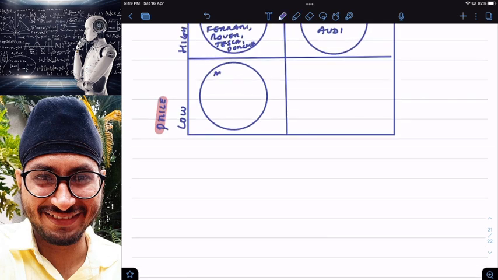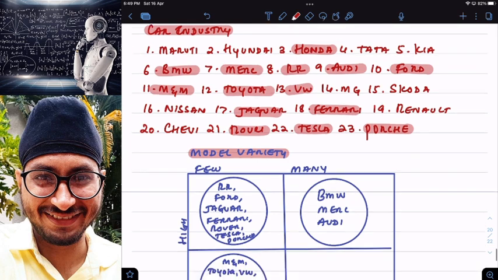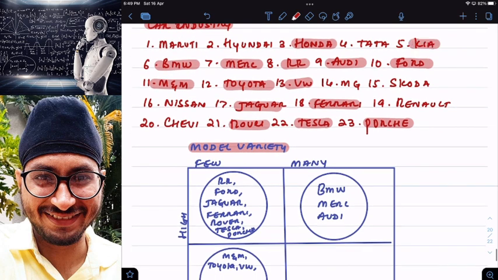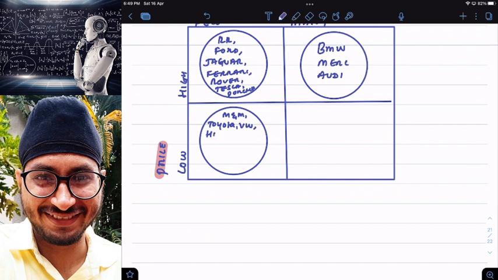M&M, Toyota, Volkswagen. Then what else can come here? Honda, clear? Then Kia, MG Hector.